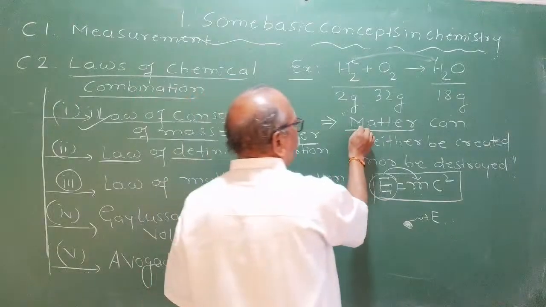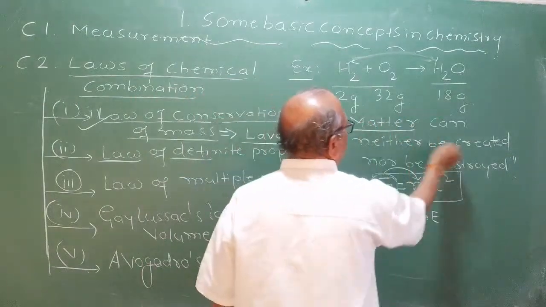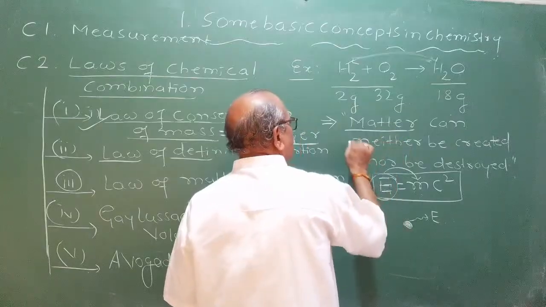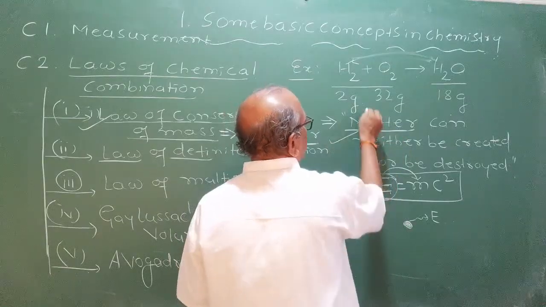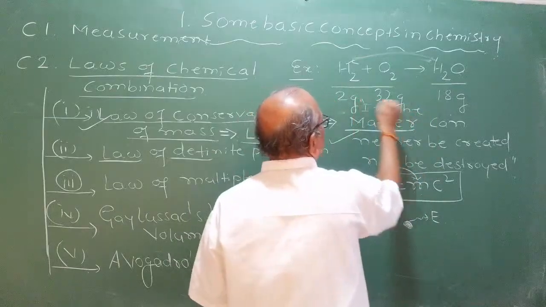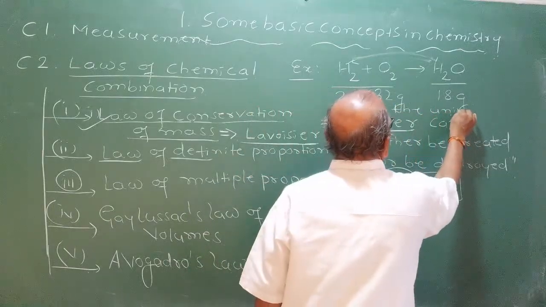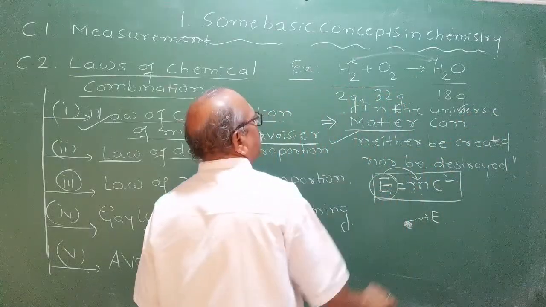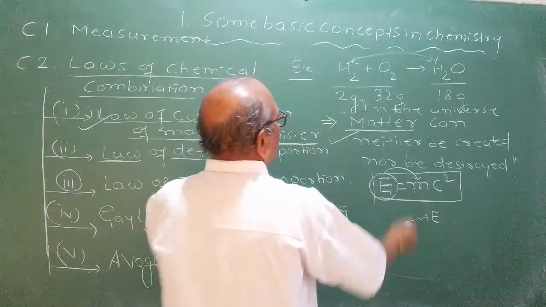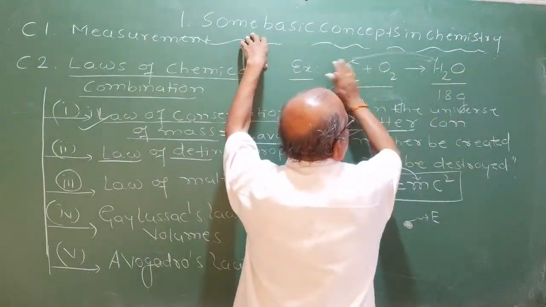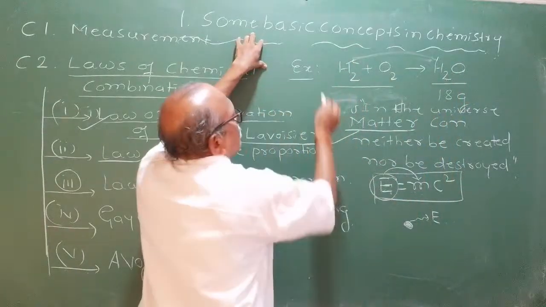So it states that matter can neither be created nor be destroyed. This is the universal law in the universe. What happens is, if I do not balance it, this equation we learned is a skeletal equation.